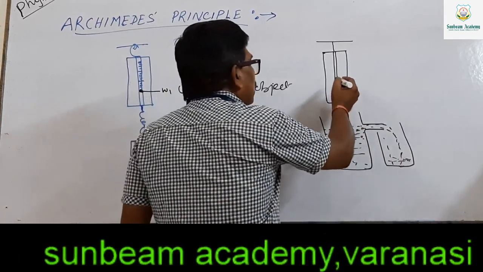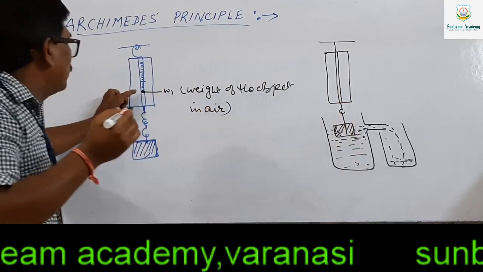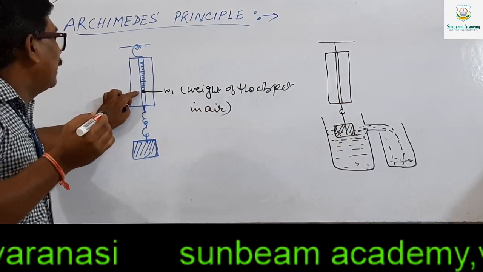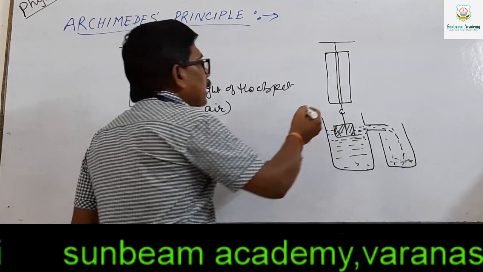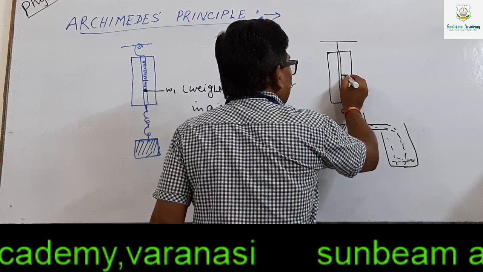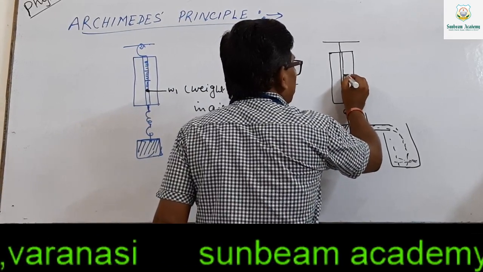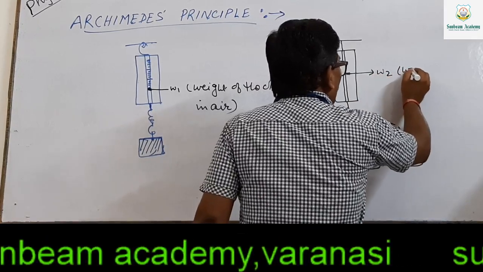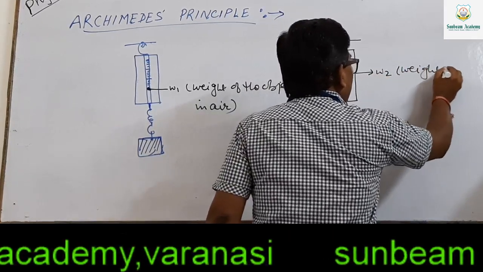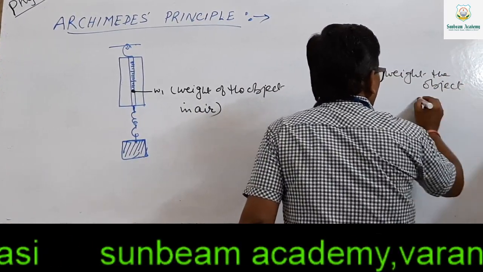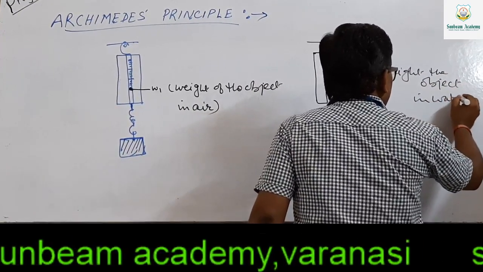In the initial stage, you see the weight of the object in air was pointing here. Now the reading will be shown at the upper end, at this position. This will be W2, meaning the weight of the object in water.